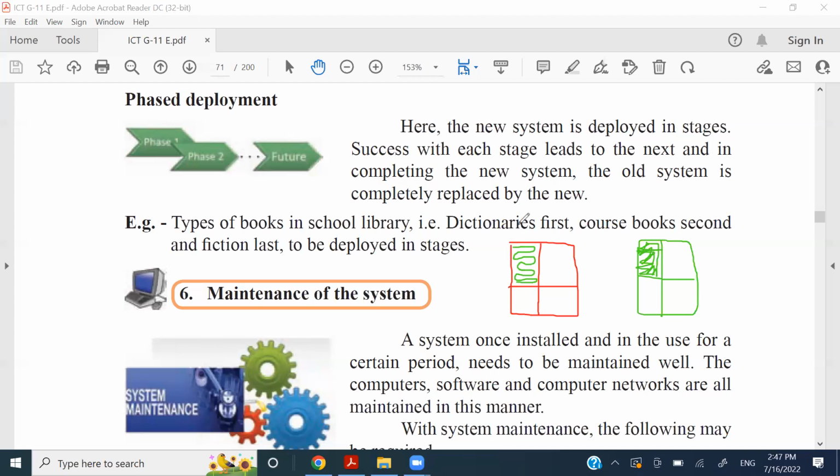Likewise, you can give the deployment in these different ways: direct deployment, parallel deployment, the pilot deployment, as well as the paced deployment. Okay, people, is that clear? All right, great.